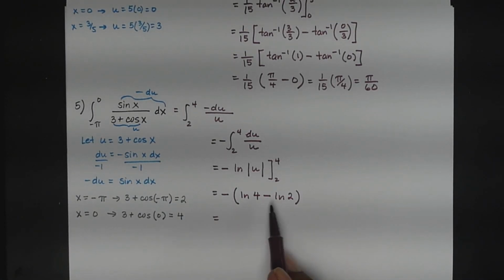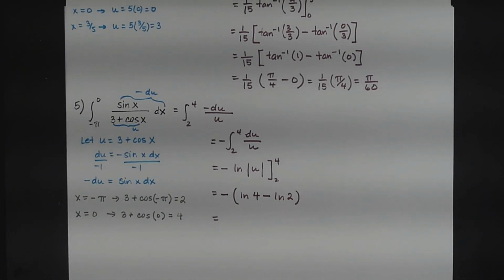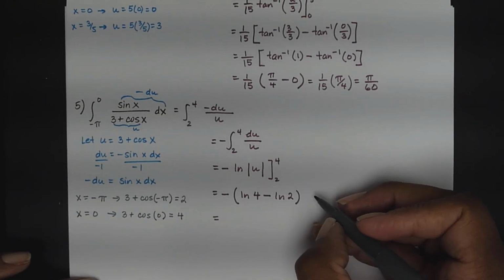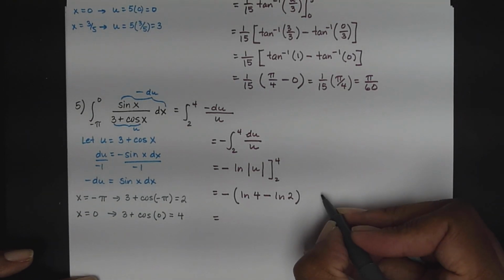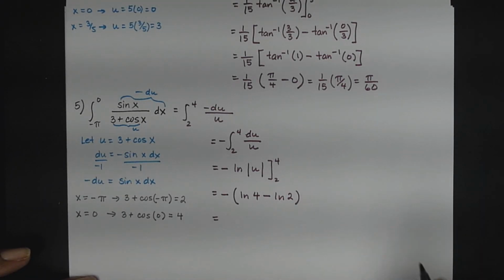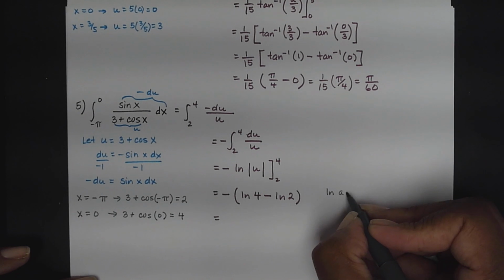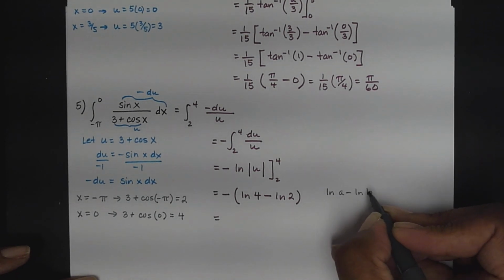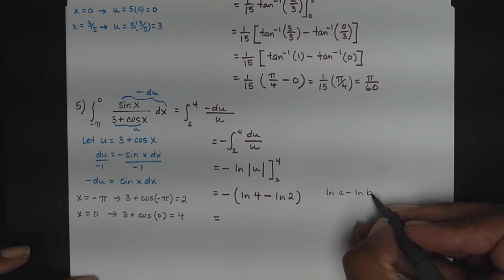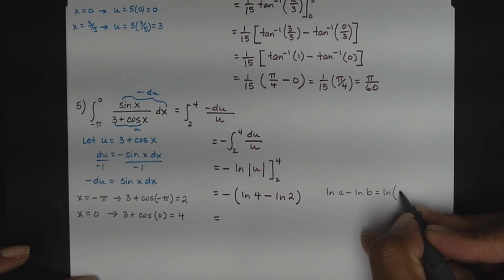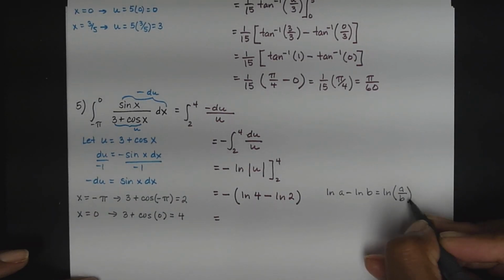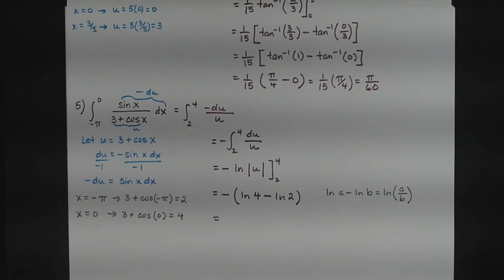If I have the difference of their natural logarithms, I can write that as the natural log of the quotient. So here's what I'm trying to say. Ln of a minus ln of b, the difference of the natural logarithms, is equivalent to the natural log of the quotient. So I can just write it using the quotient rule. Ln of a divided by b.